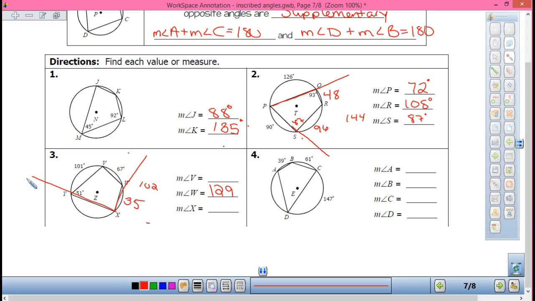Okay, because the arc for all of X is what? Well, but what's the arc? So the arc is 168. So then how do I go arc to angle? Half of that, so I get 84. So X is 84. So if X is 84, what's V got to be?